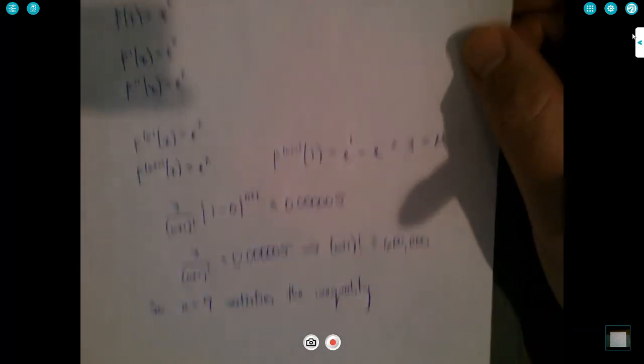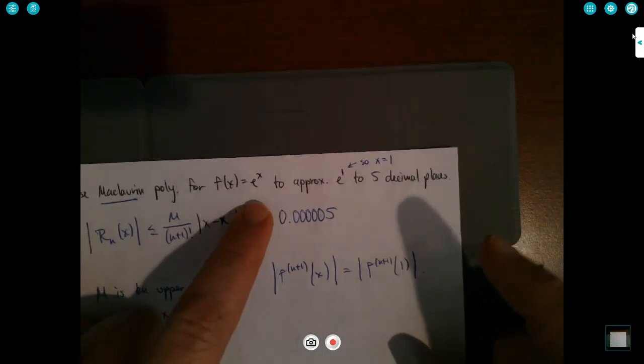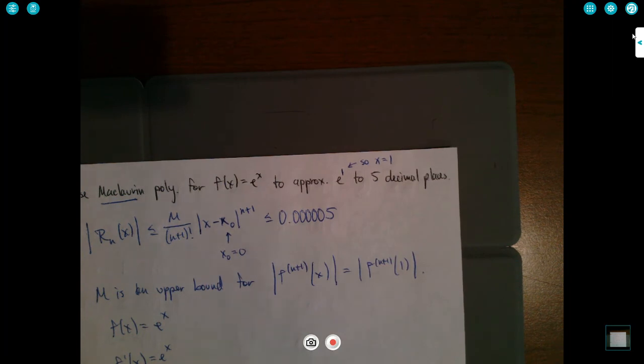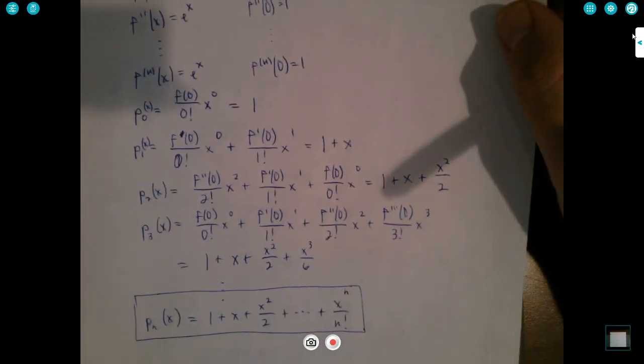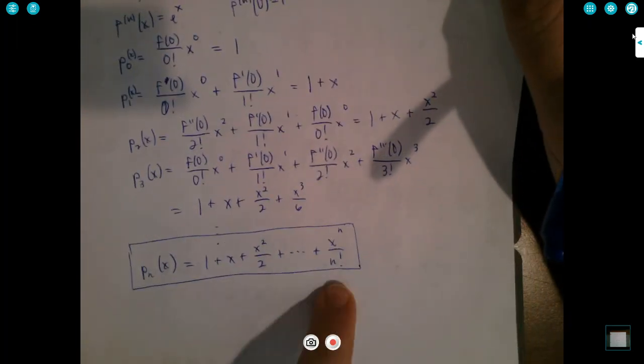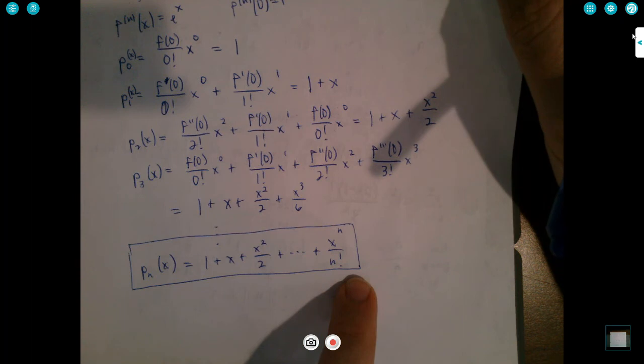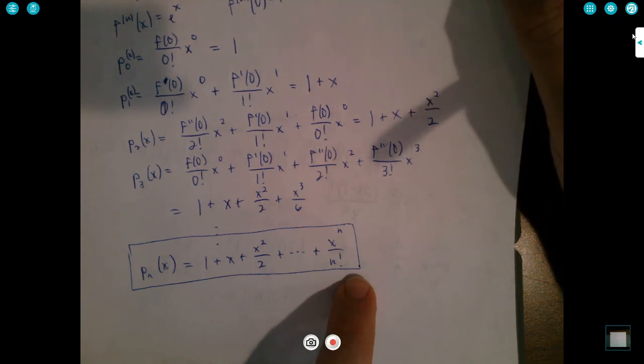So let's do it. Now, we did this already, I think. We came up with the Maclaurin polynomial for e to the x. Yeah, it was the very first example we did. So here it was. Okay, so there's our Maclaurin polynomial for this thing, and we need a ninth order.